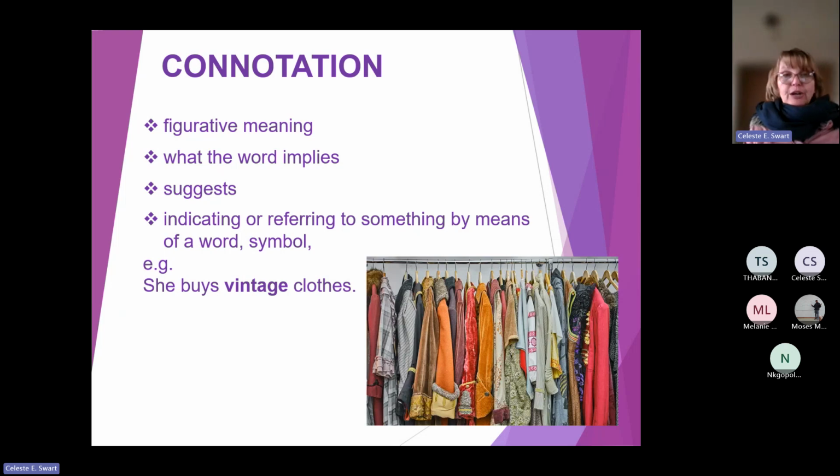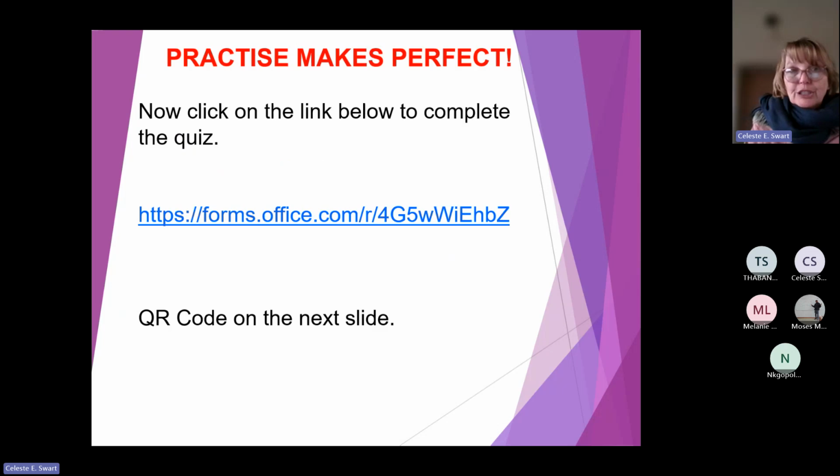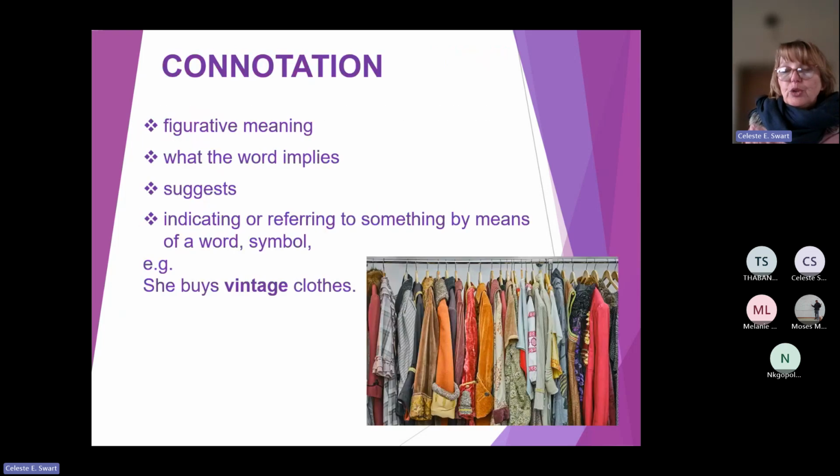She buys vintage clothes has a positive connotation. But if we say she buys used clothes, she buys old clothes, then it's a negative connotation. So we must watch out what sort of emotion we link to it. And in this case, she buys vintage clothes. Wow, that's fashionable. Wow, that's cool. So think about it when you use words.